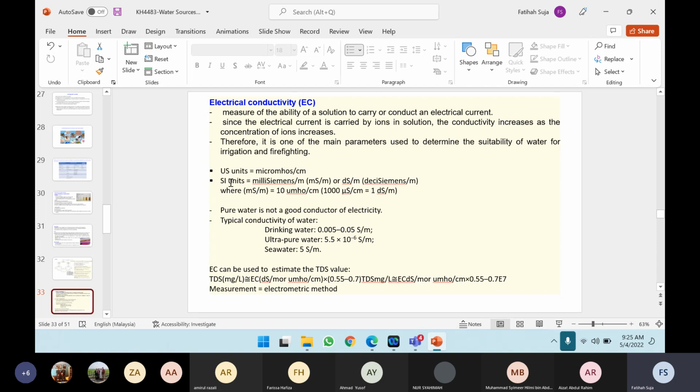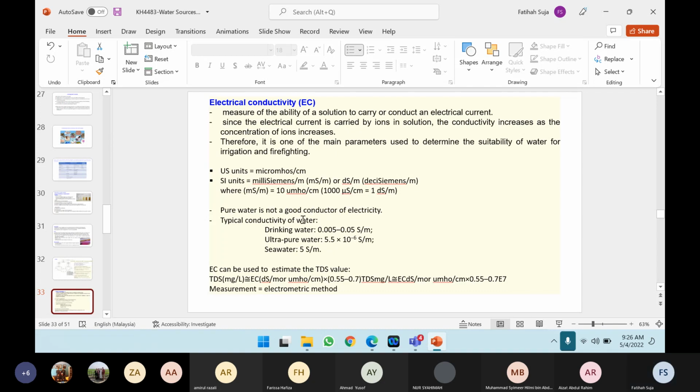So the US units for EC is micromhos per centimeter. SI units are millisiemens per meter or decisiemens per meter. Okay, so you can use both units, but it is better to use SI units. Pure water is not a good conductor of electricity.